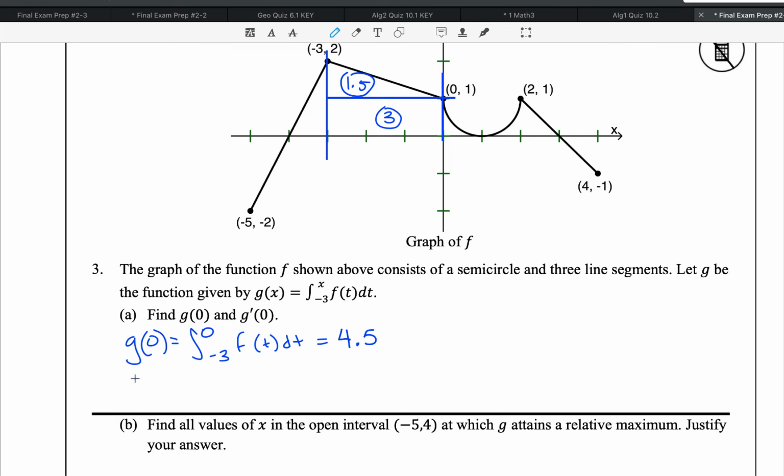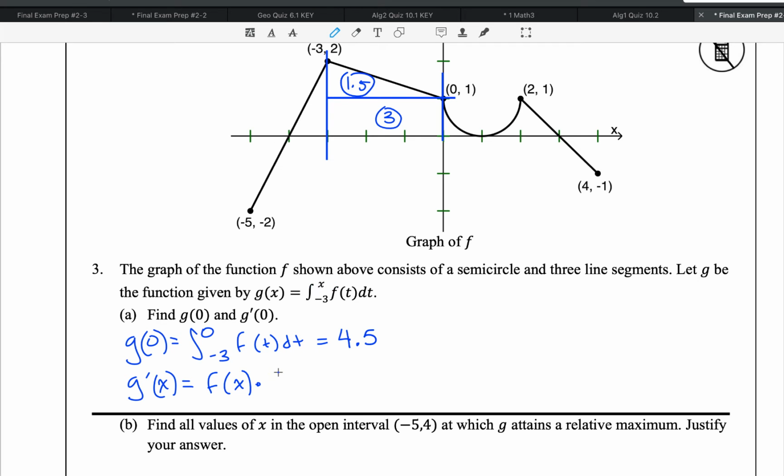What about g prime of 0? G prime of x. Let's deal with that first. What happens when I take the derivative? When I take the derivative of an accumulation integral, this x gets plugged into whatever the input value is, t, and then let's go ahead and write that down, and I get rid of the integral. So I have f of x, and then you always multiply this by the derivative of whatever you're plugging in, so times 1.